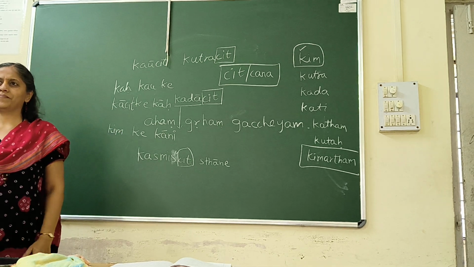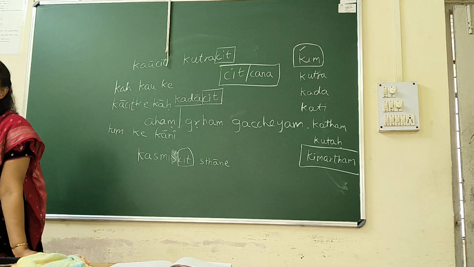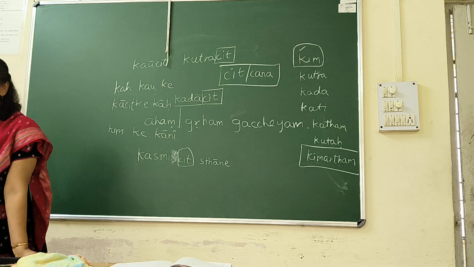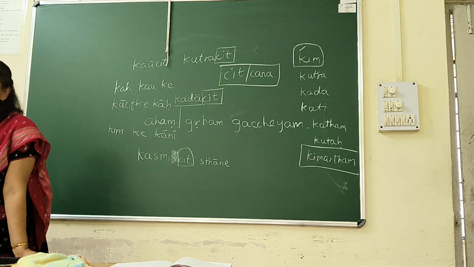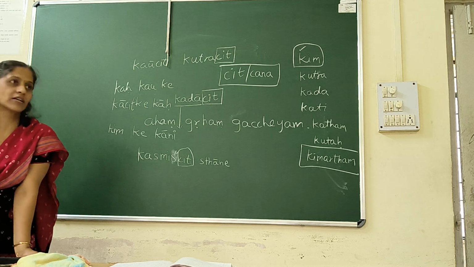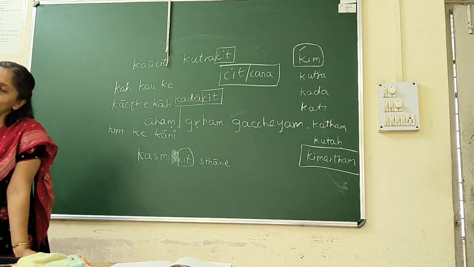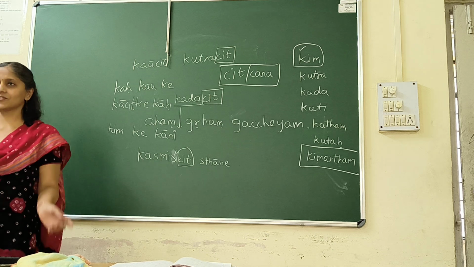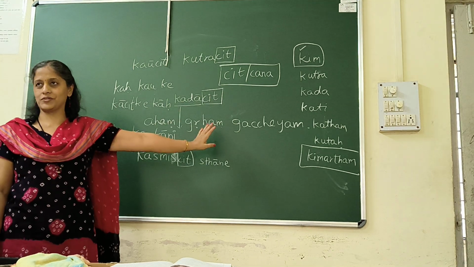Somehow has many meanings. In English, if somehow is used, there are many words. It's not only one word, kathanchit. There are other words which have the same meaning as somehow, but this is also one of the words.